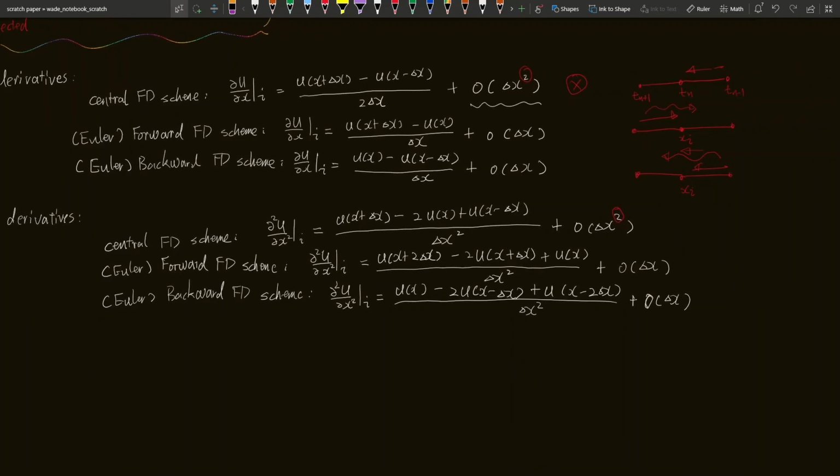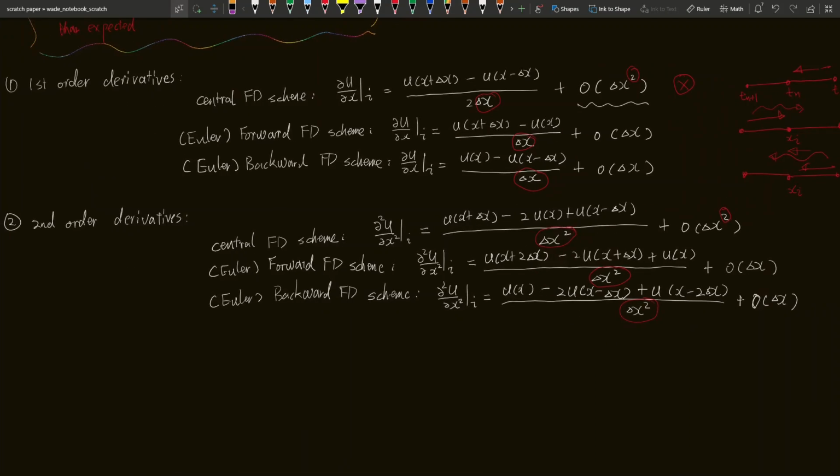And secondly, another thing we can notice is that for the first order derivative, the denominator is always delta x. And for the second order derivative, the denominator is always delta x squared. For the first order derivative, we know that n equals 1.